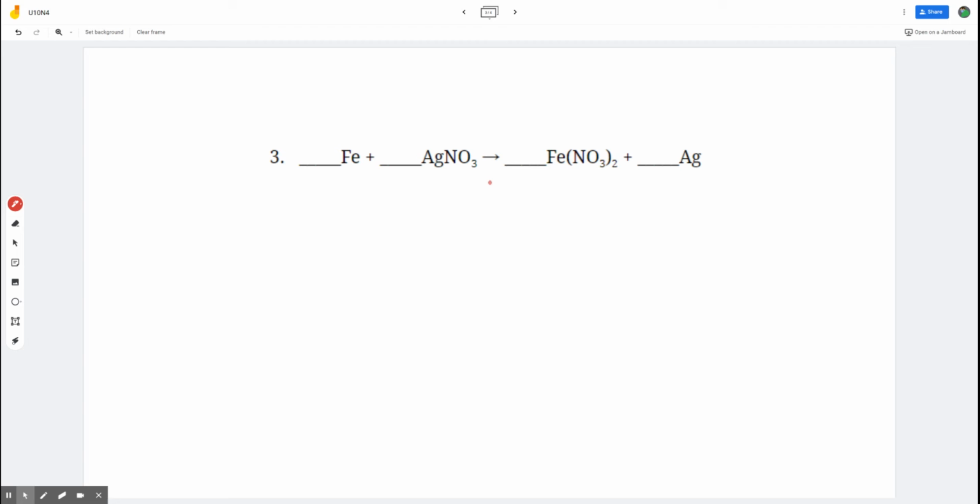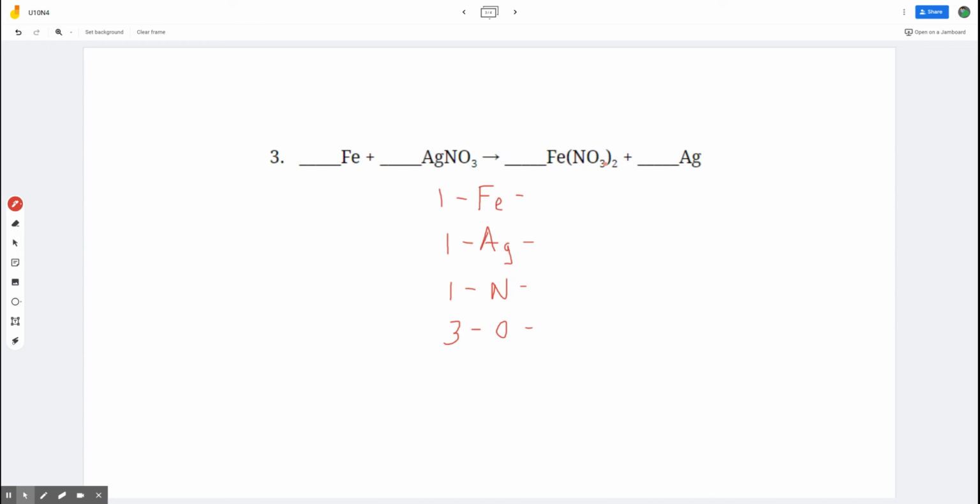Next one here gets a little trickier because here we have this polyatomic ion again. So we'll do this 2 ways. So start by counting 1 iron, Fe, 1 silver, Ag, 1 nitrogen, and 3 oxygens.